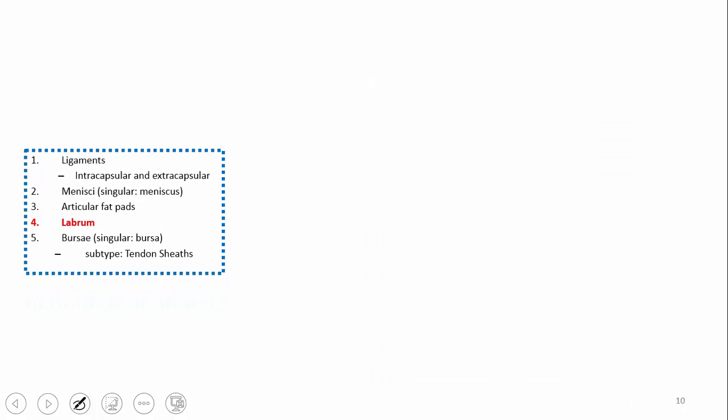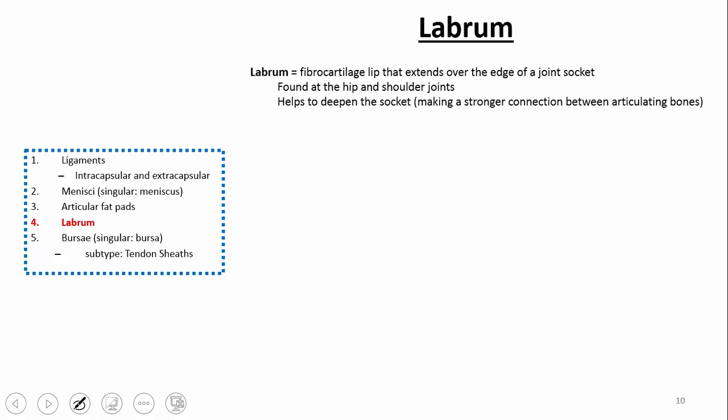Okay, let's go on to the labrum and see what a labrum is. It is this fibrocartilage lip that extends over the socket of a joint, and what it does is help keep a joint in its position so you don't dislocate whatever bone is going into that joint. Key areas you see this are in the hip or the shoulder.